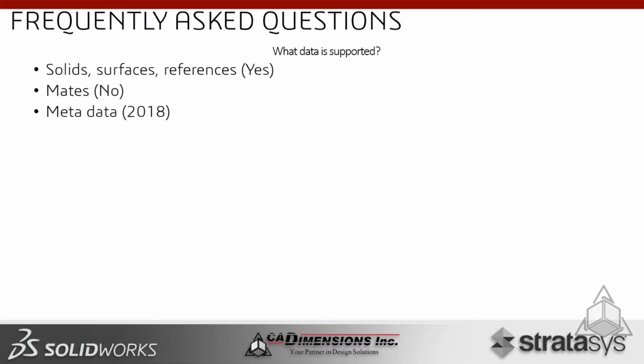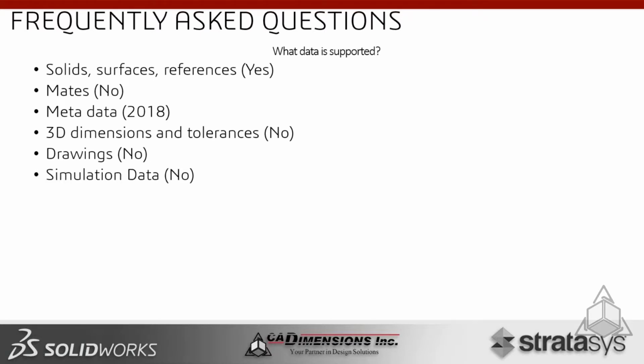Metadata, so linking to custom properties, things like iProperties and custom properties in Creo, that will be supported in 2018. They've already announced that at SOLIDWORKS World. Currently, we don't support 3D PMI, with this is CADimensions. I know CATIA does a lot of that. We don't support that. No drawings as of yet.